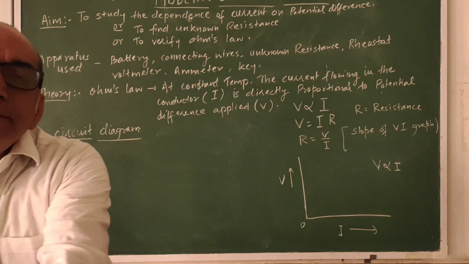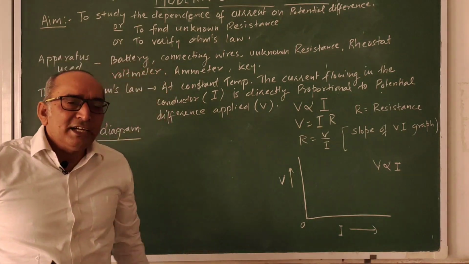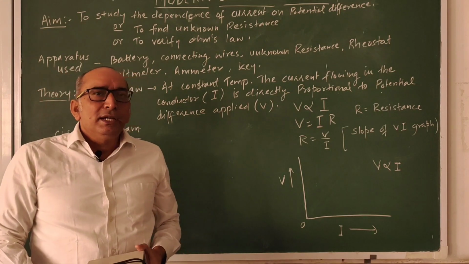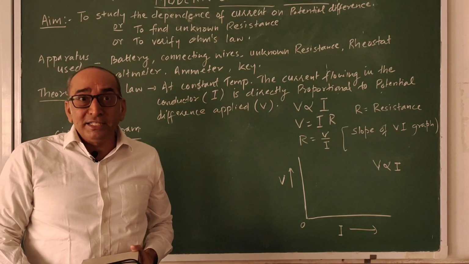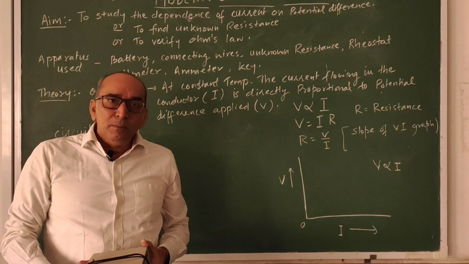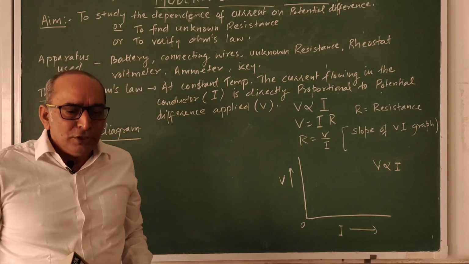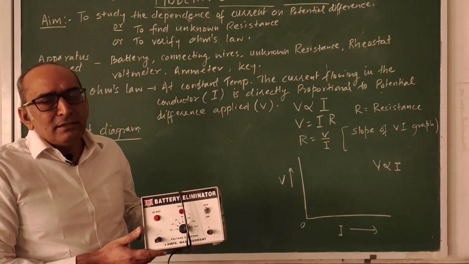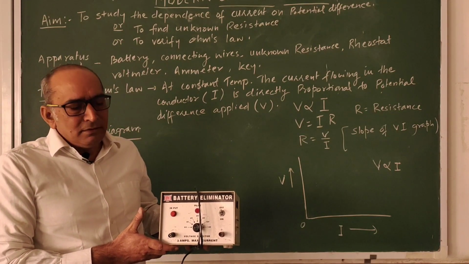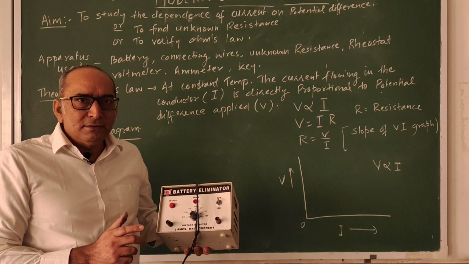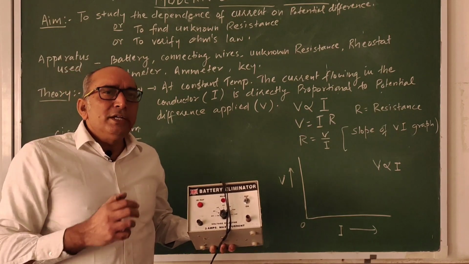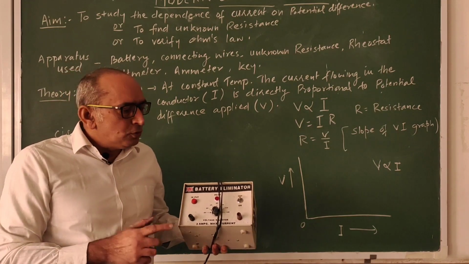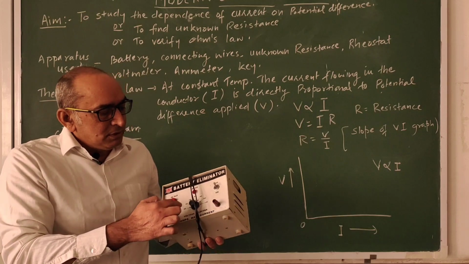Actually, we have studied battery is a device which converts chemical energy into electrical energy. But in lab, we are going to use this type of battery. It is basically an adapter type battery which will decrease the 220 volts supplied in it to these values.